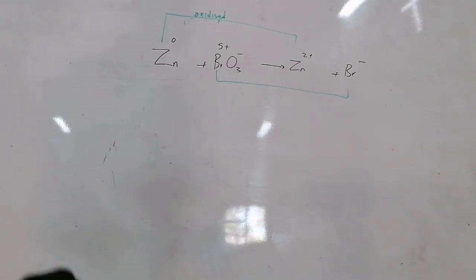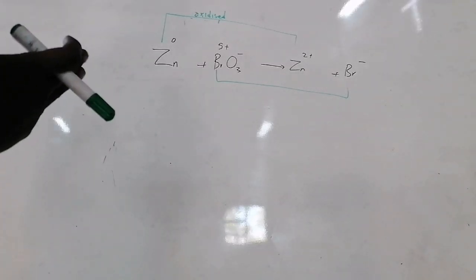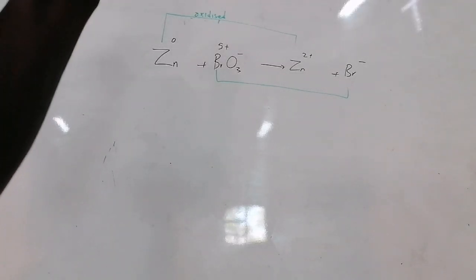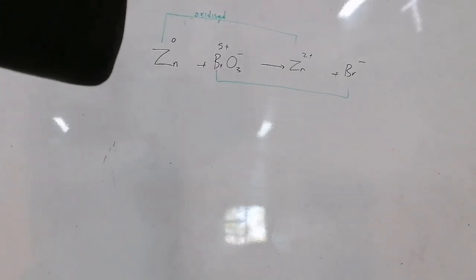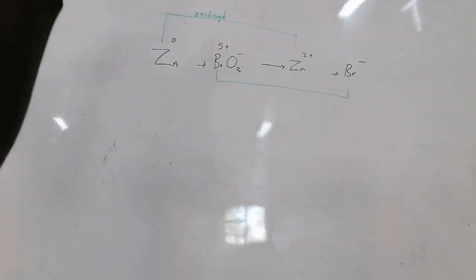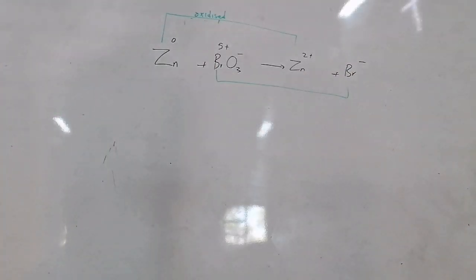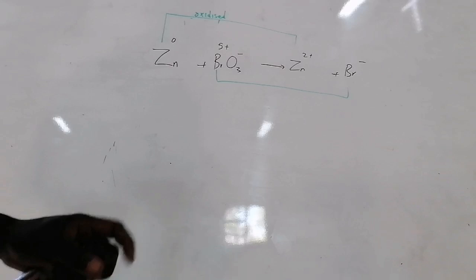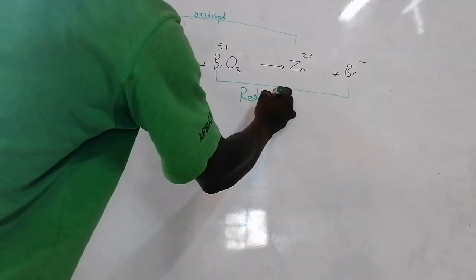That will be our part 3. But before you can understand that, you have to understand part 2, and for part 2 you have to understand part 1. Now, from 5 to negative 1, they decreased, right? So we say that a decrease in oxidation number is reduced. Do not forget that.